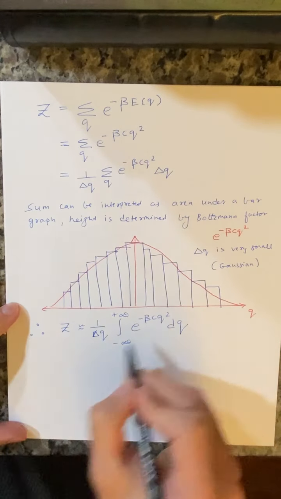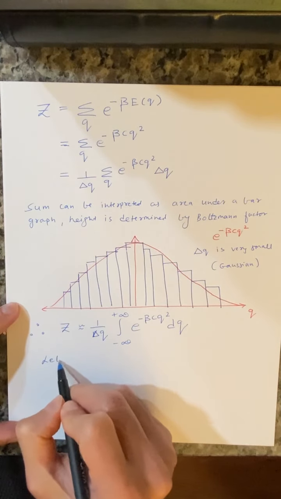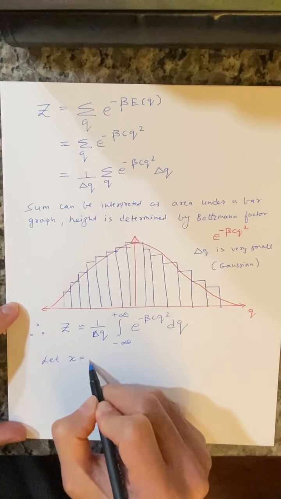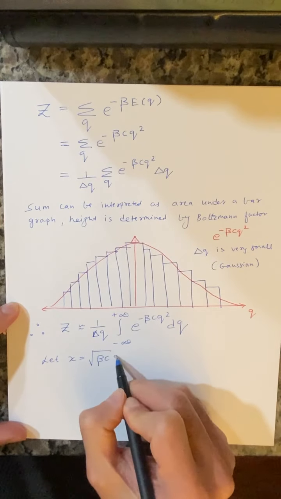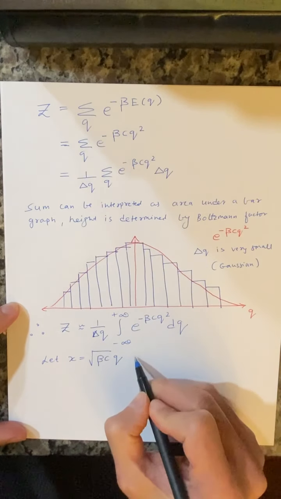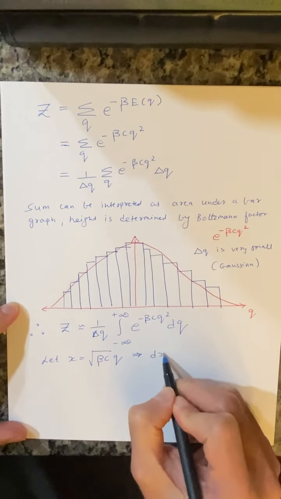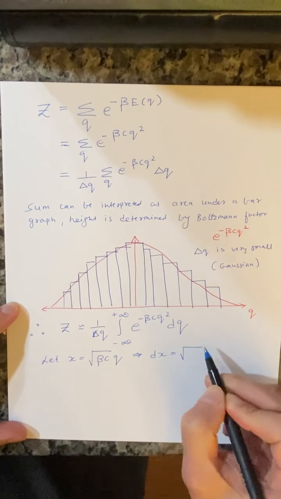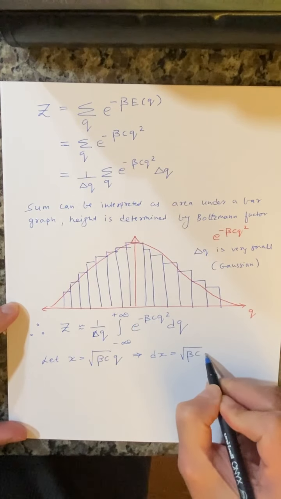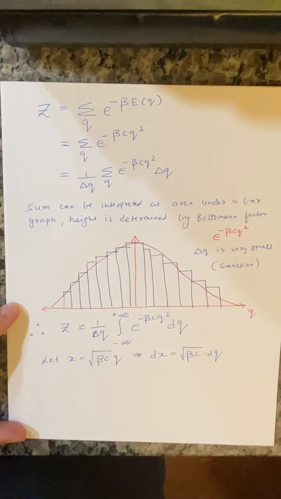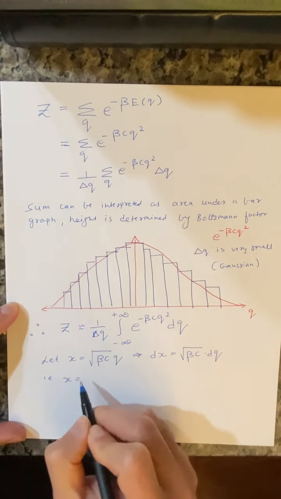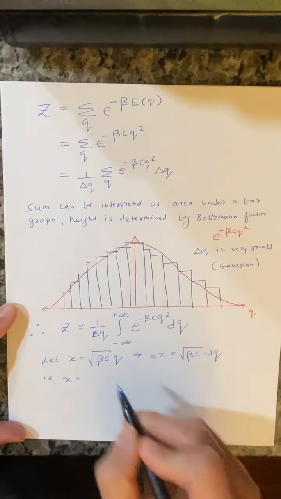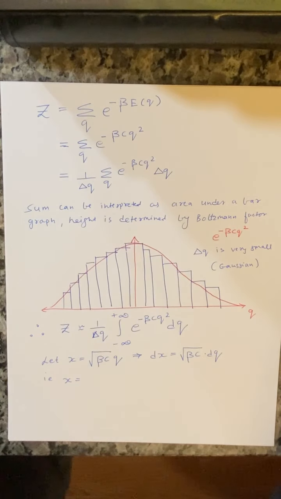So let's put this down and simplify. Let x be equal to under root beta C times Q. As a result, I have dx equal to root beta C times dQ, right? This should work. Once we have that, now let's substitute.